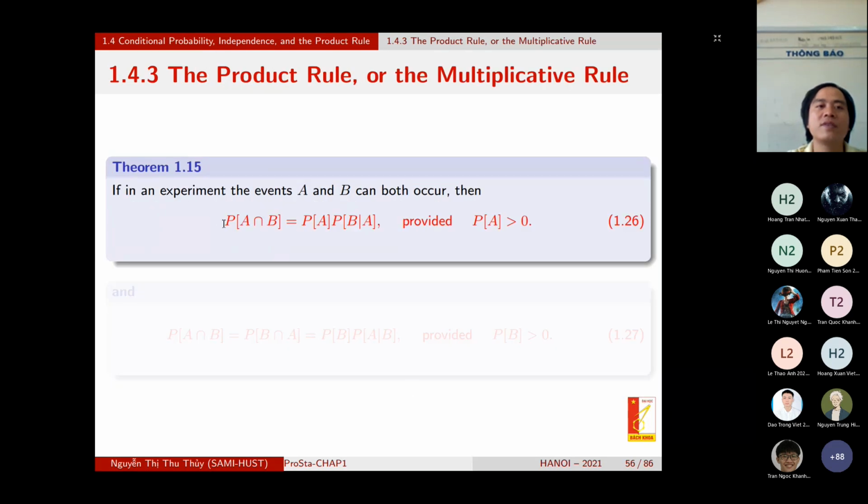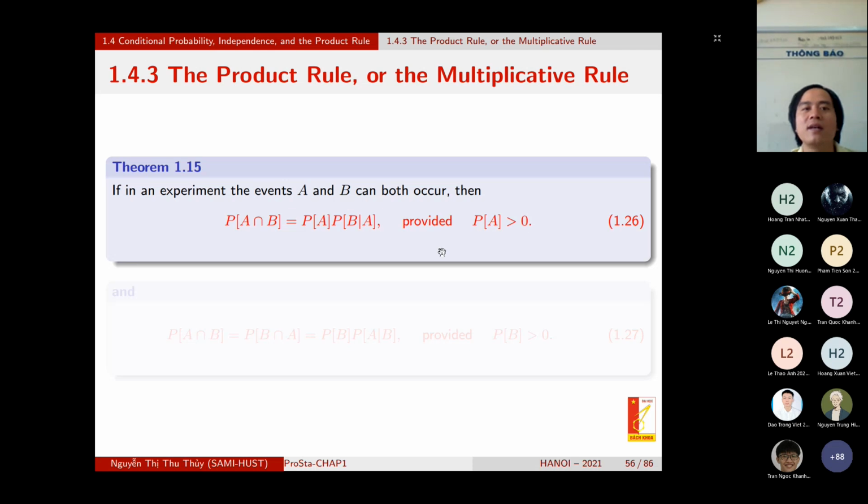And Theorem 1.15 says that if in an experiment the two events A and B can both occur, then we can compute the probability of the intersection of A and B by multiplying P(A) with P(B given A), provided that P(A) is greater than 0.